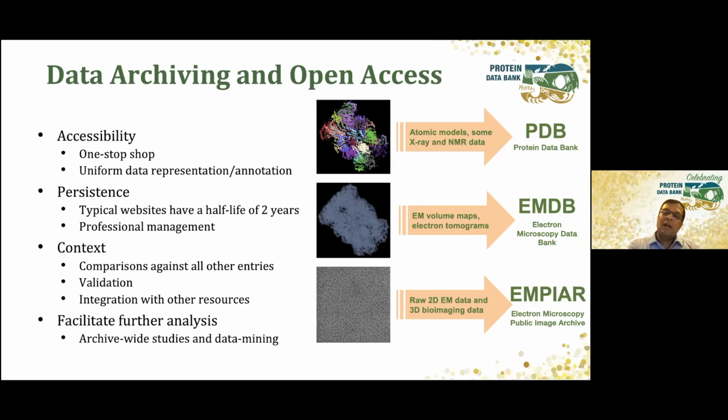And once you have an archive, you can start thinking about uniform data representation and annotation. And we heard on the first day about mmCIF and how that helps in standardizing the representation of structural biology data.